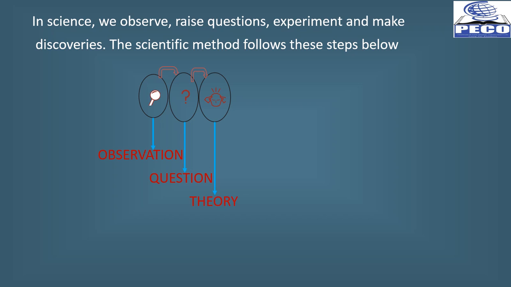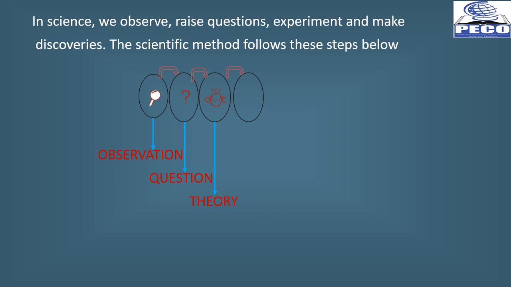Then, after you have raised the question, what caused that? Then you formulate a theory, using your imagination. You think you have a solution to it. Maybe somebody hit it down. Maybe the tree shook. Those are theories. The tree shook and the apple fell.